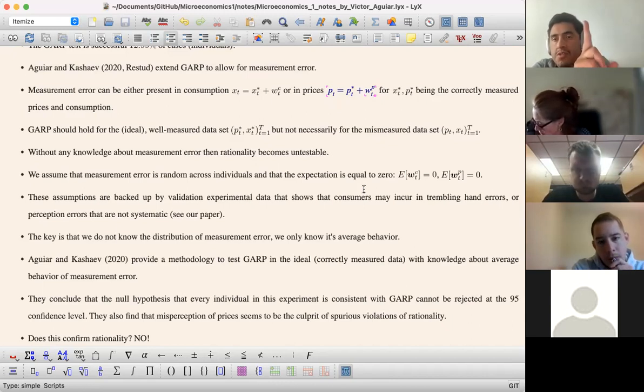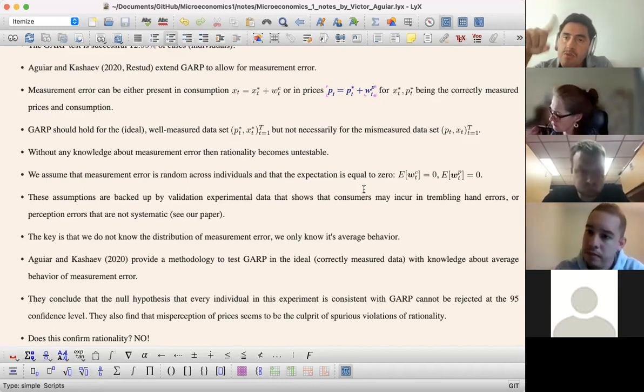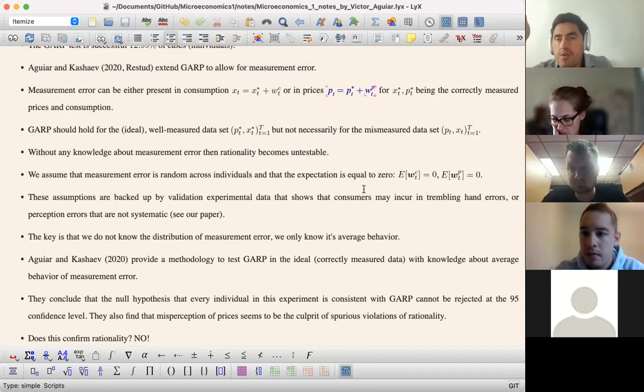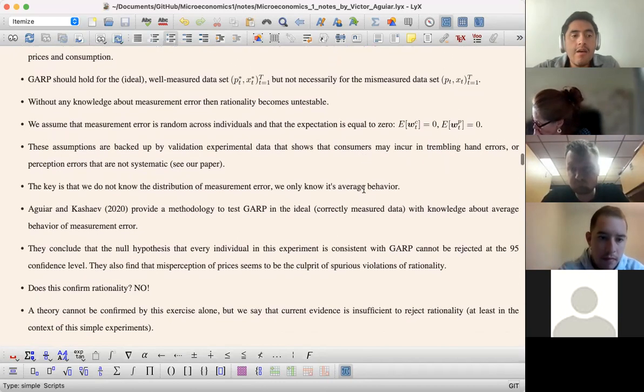So it's two requirements, right? In the time dimension, we're requiring every individual in the true data to satisfy GARP. And in the cross section, we're requiring the average of errors across individuals to be mean 0. Okay. So doing that, we propose a new statistical test.